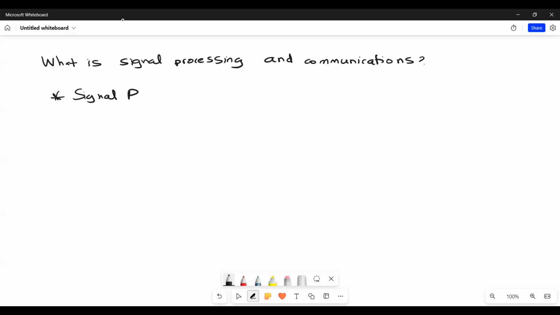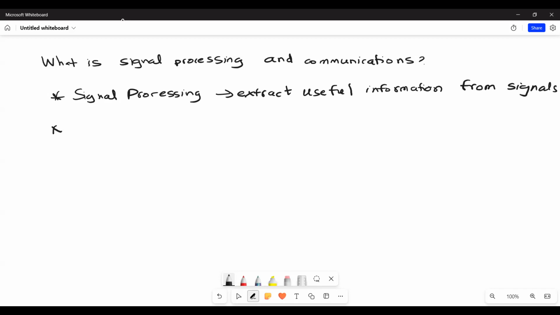Signal processing helps us to extract useful information about the data we collect, then communications help us to transfer that useful information over long distances.